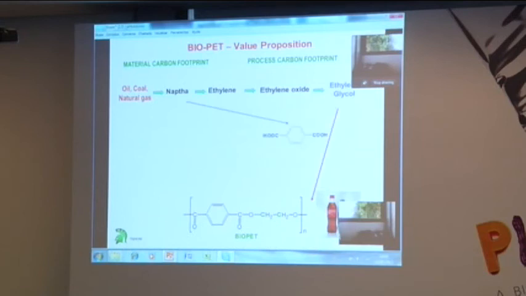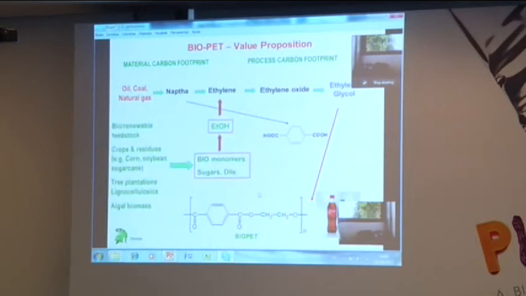They take oil, coal, natural gas, whatever you pick, make ethylene glycol, one component, and terephthalic acid, the second component, and combine them to give you this. Now, all the Coca-Cola PlantBottle is coming from a component where, taking plant feedstocks, they can go through sugar, ethanol, ethylene to ethylene glycol.